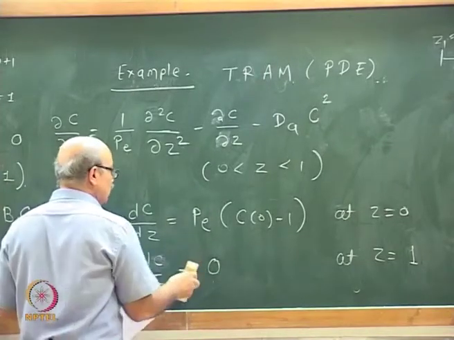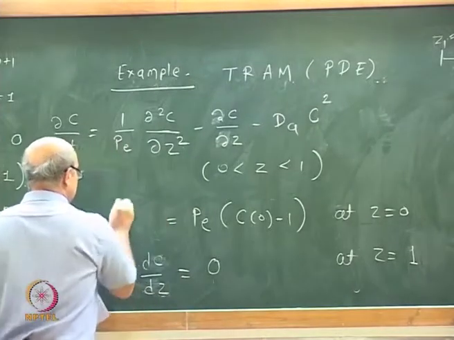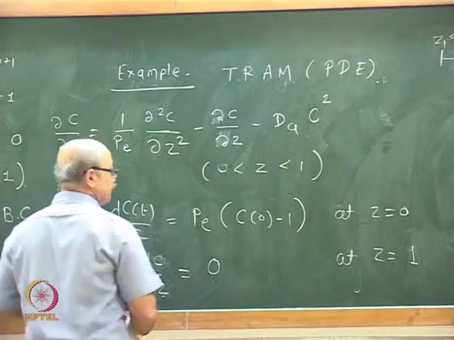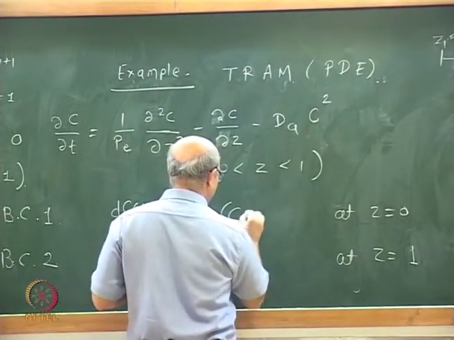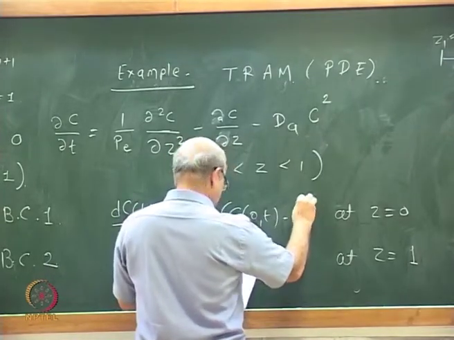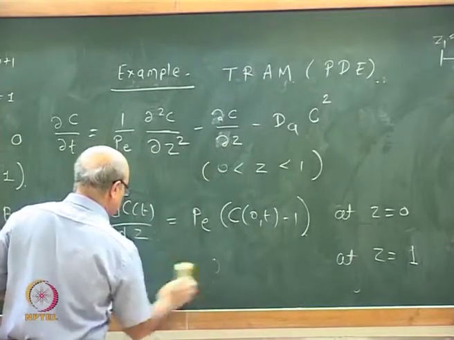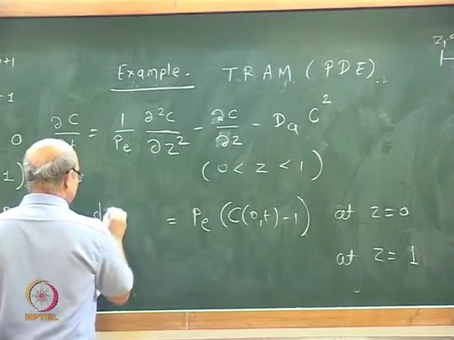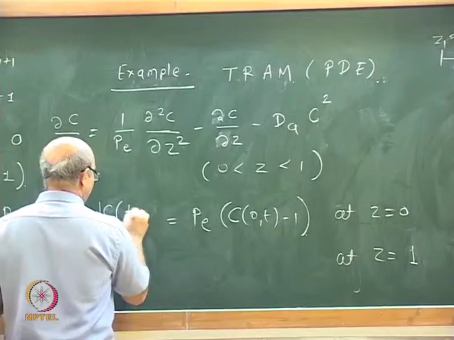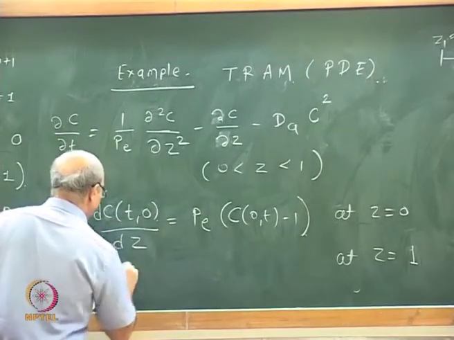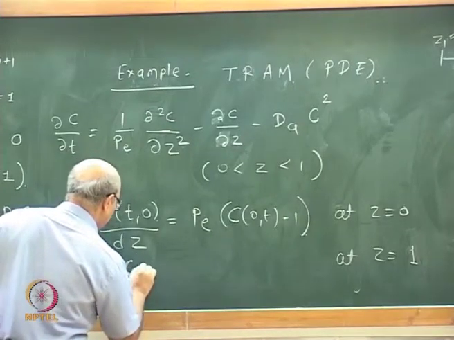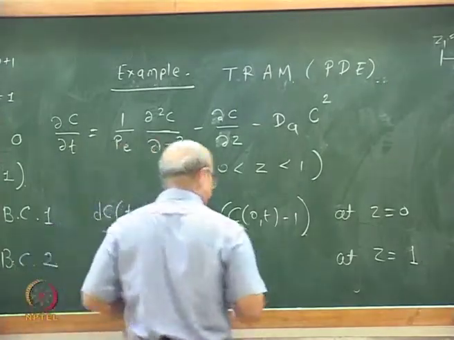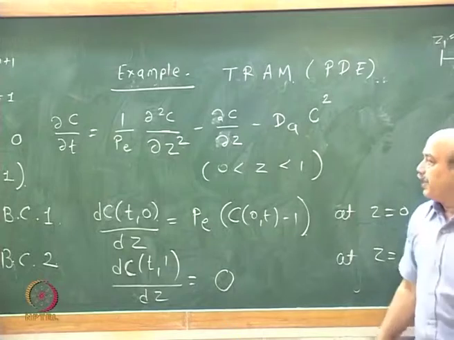So I want this condition to hold at all the times. So dCt by dZ is equal to... Okay, now the time has come into picture.